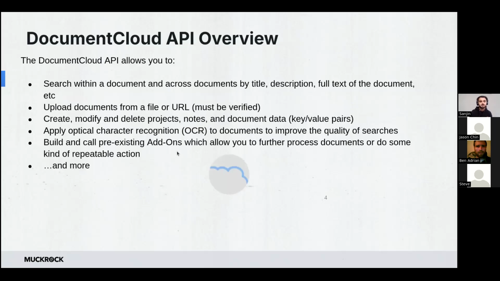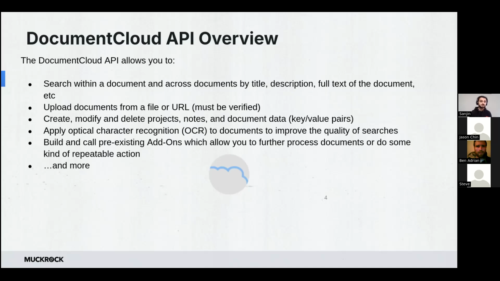Brief overview of the DocumentCloud API. That allows you to interact with our hub for primary source documents. So it allows you to search within a specific document or across a larger set of documents, including and up to the entire corpus of public documents on DocumentCloud, something like over 6 million documents. It allows you to search by title, description, the full text of each document, etc. The API also allows you to upload documents from a file or URL.